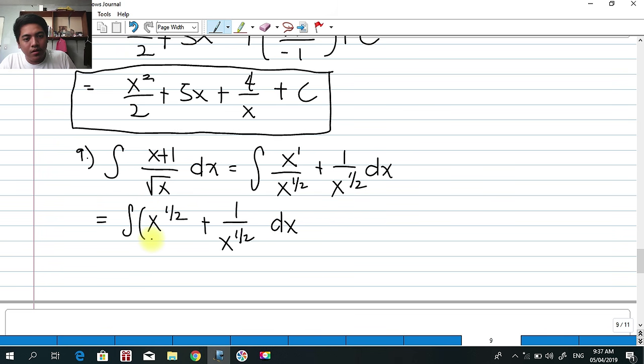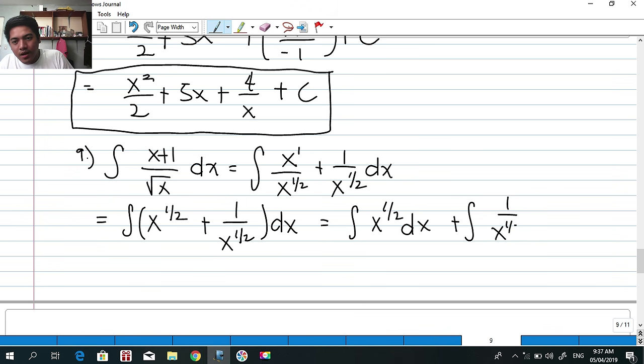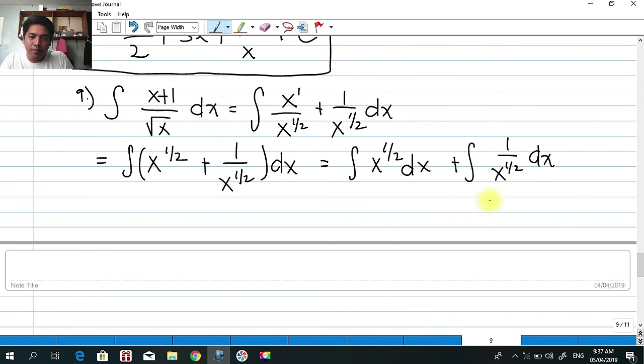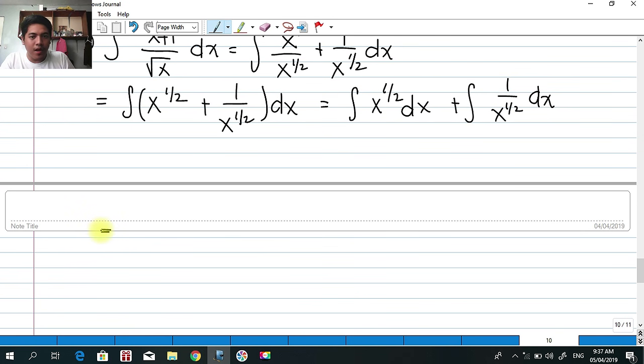It is the same process that we did in our previous example. So we have the integral of x raised to 1 half dx plus the integral of 1 over x raised to 1 half dx, or we can rewrite this term as x raised to negative 1 half.